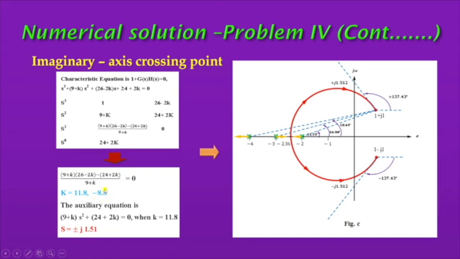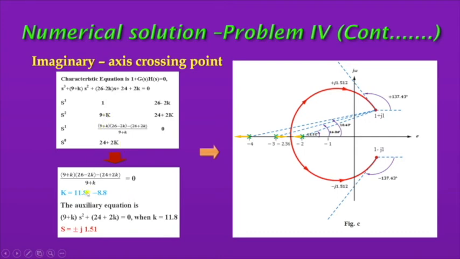This is not accepted because k is not negative. K is always considered from 0 to infinity, that means a positive value. If we consider 24 plus 2k equal to 0, then we get k equal to minus 12, so this is not accepted.